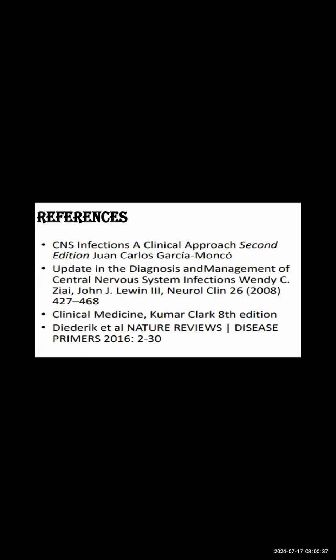There's a comment on the chat: any role for vaccination? I think she mentioned it. There is vaccination against the three common causative organisms: meningococcal, Haemophilus influenzae, and pneumococcal, because these are the commonest causative organisms for meningitis. So the patient can be vaccinated against that.